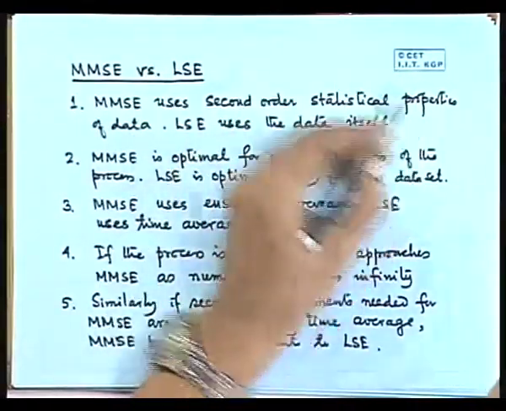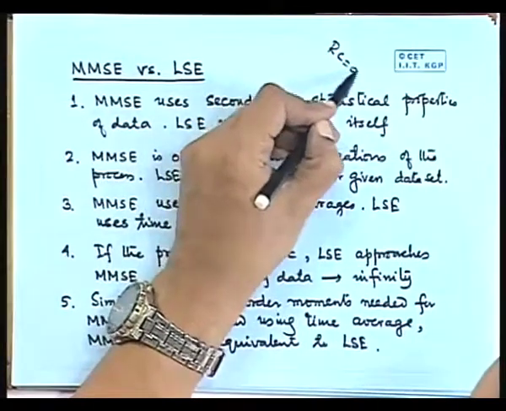How can I minimize an error over all possible realizations of a stochastic process without knowing its properties? It's not possible. So we need to know our solution. Our solution for the optimal problem was RC equal to D.